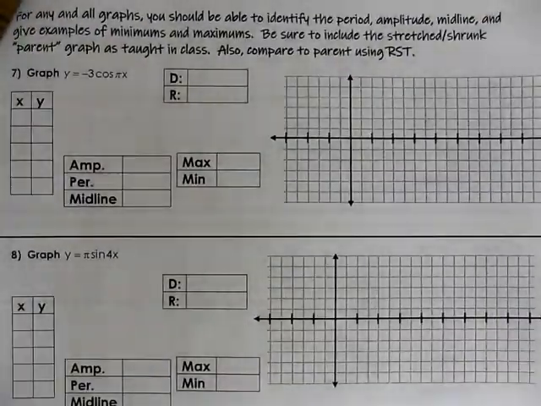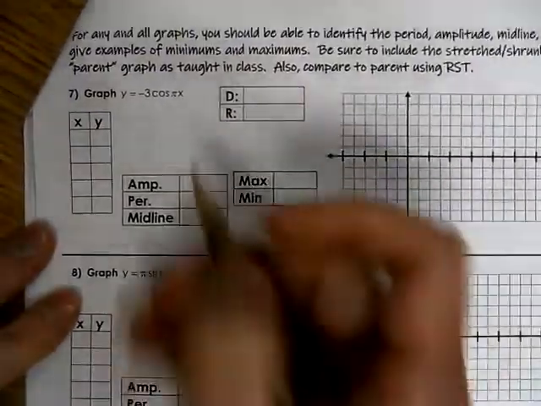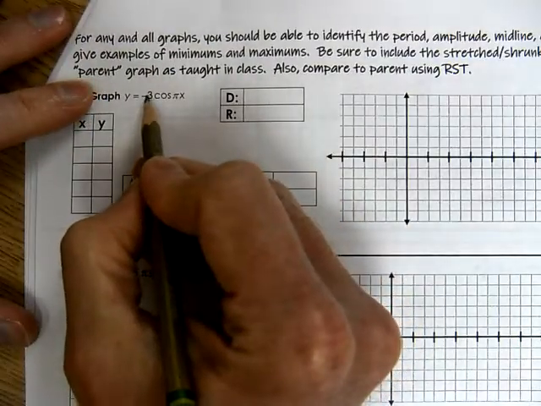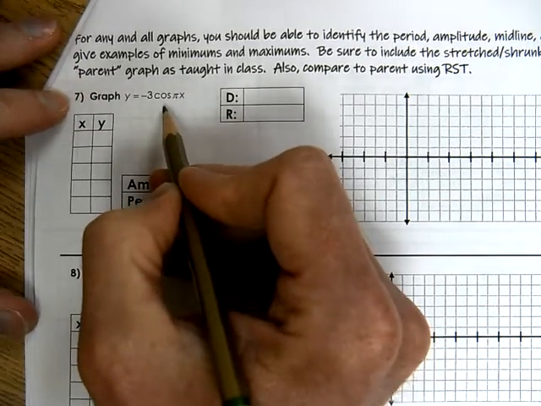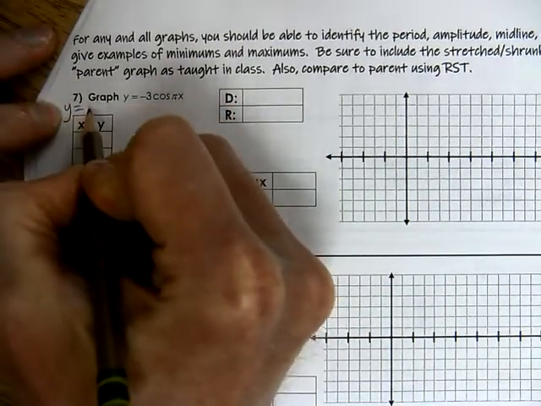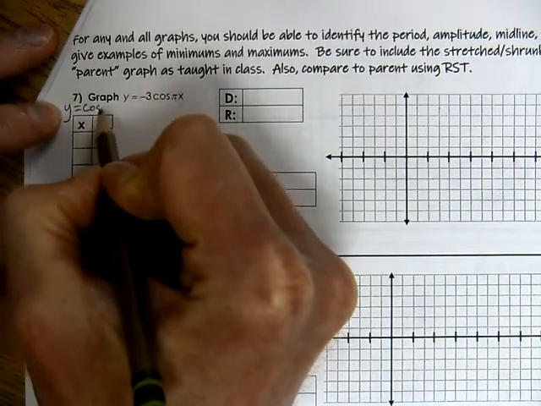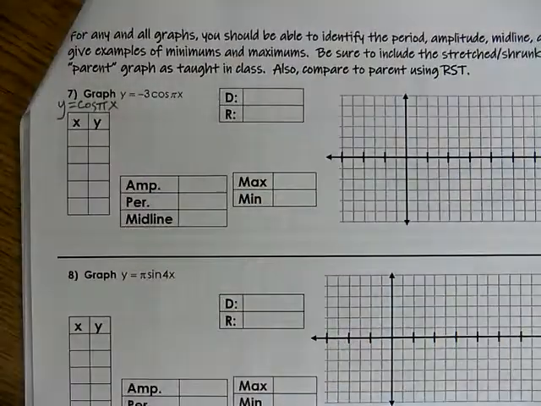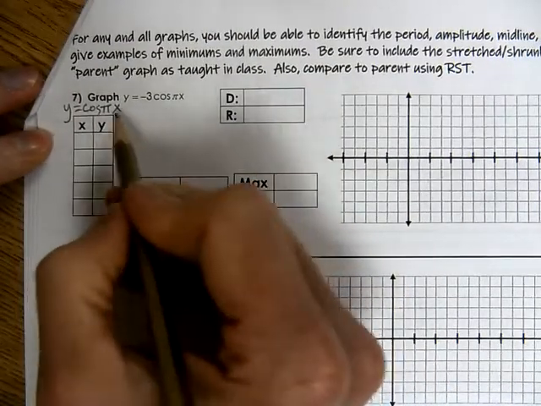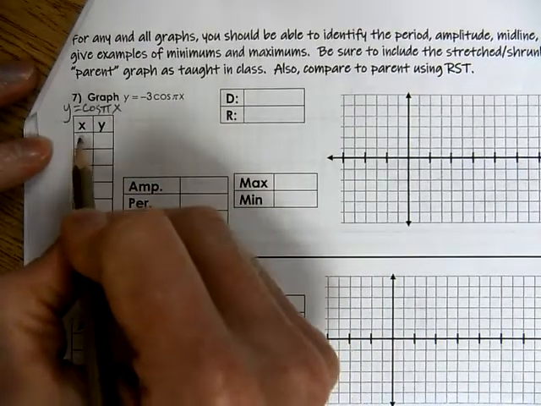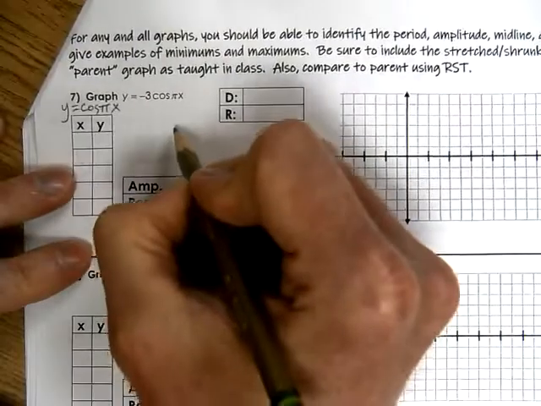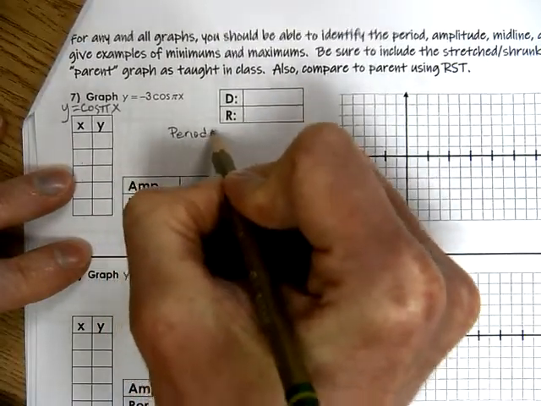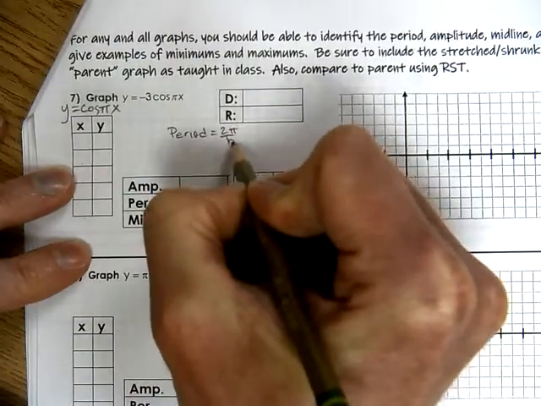Now for all these graphs. All right, so this one here has an a value and a b value. I'm going to start out with y equals cosine of pi x. When I do that, I first need to know what my increments are going to be. So let's calculate that. The period for this is going to be 2 pi divided by b.